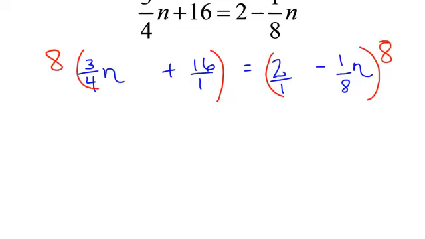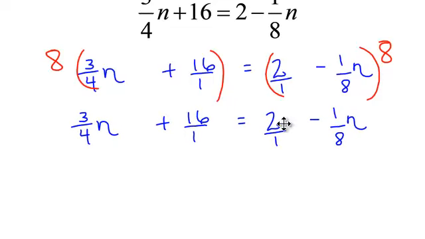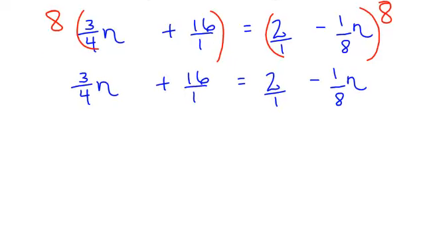Sometimes it is easier to take your equation and multiply each term times 8. Remember, whatever you do to one side, you have to do to the other. And when I multiply both sides by 8 and then use distributive property, I will have 8 times 3/4 n.